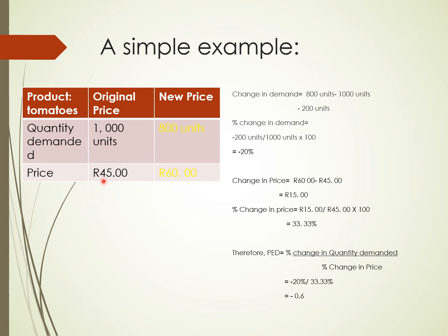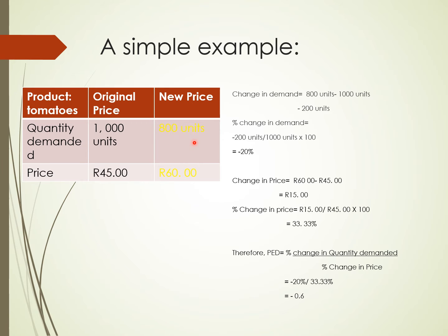If the original price of this tomato is 45 rand per box, the quantity demanded is 1000 units. If the farmers and producers then increase the price of this tomato from 45 rand to 60 rand, the quantity demanded that we get is 800 units.